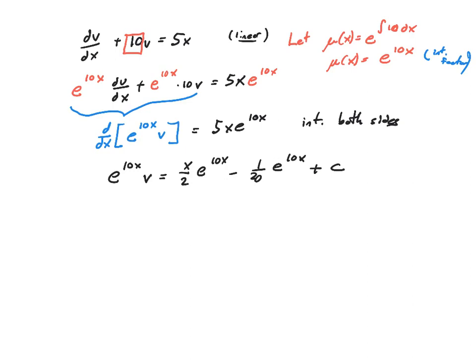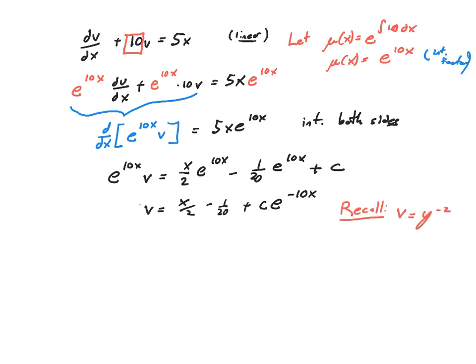Now I have to divide every term through by e to the 10x to get v by itself. So now I get v is equal to x over 2 minus 1 over 20 plus c e to the negative 10x. Now what I'm going to do is recall that v was equal to y to the negative 2.